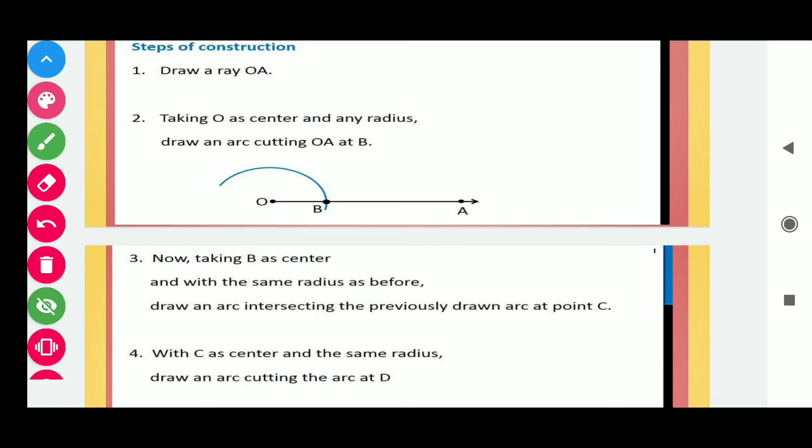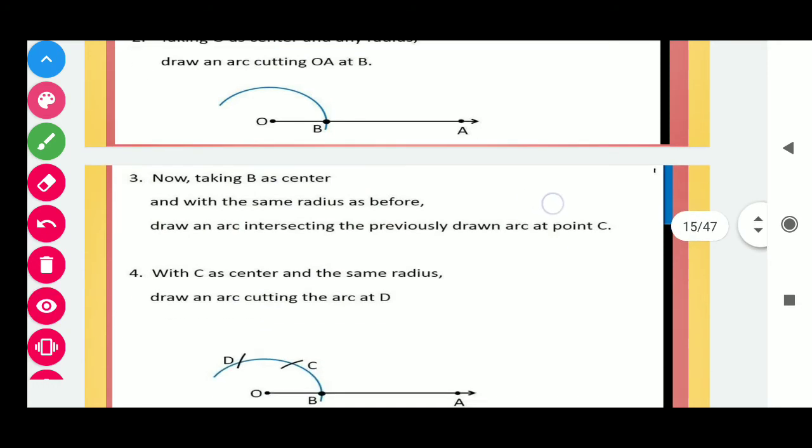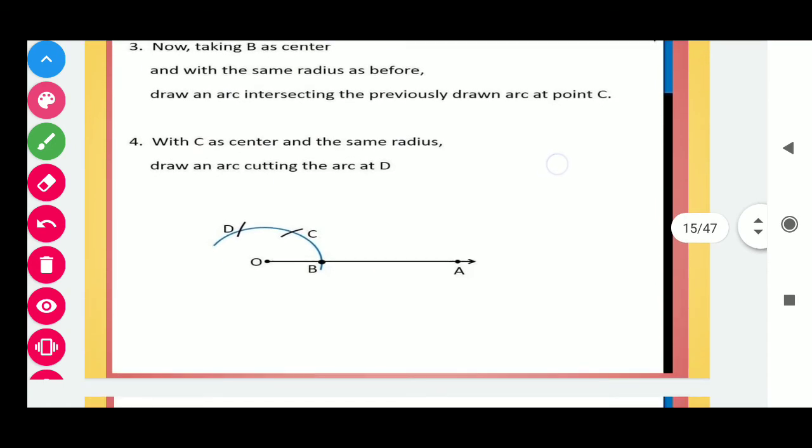Now, taking B as a center and with the same radius as before, draw an arc intersecting the previously drawn arc at point C. With C as a center and the same radius, draw an arc cutting the arc at D. Okay students, by putting down the pinpoint of the compass at point B, mark an arc named C.